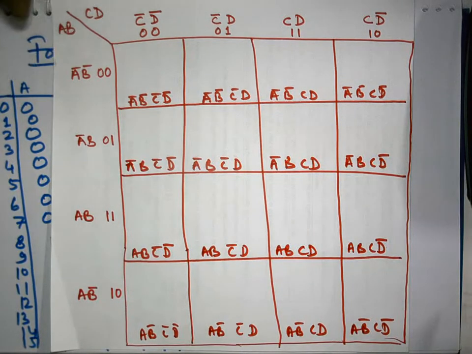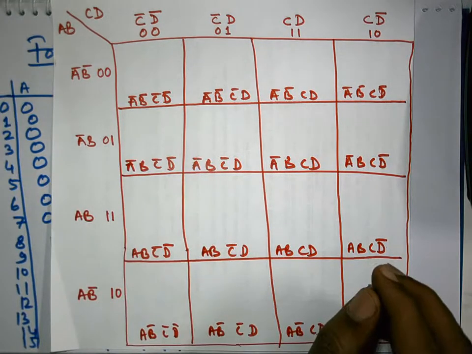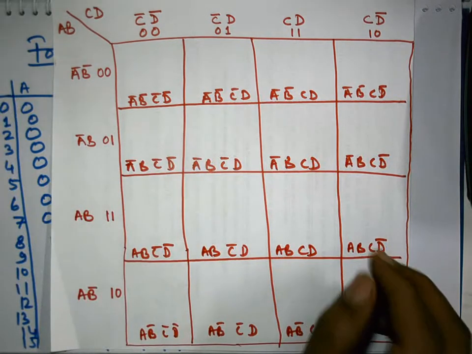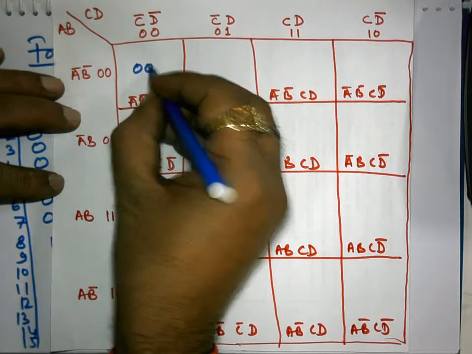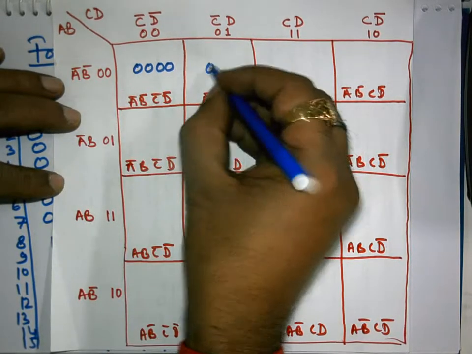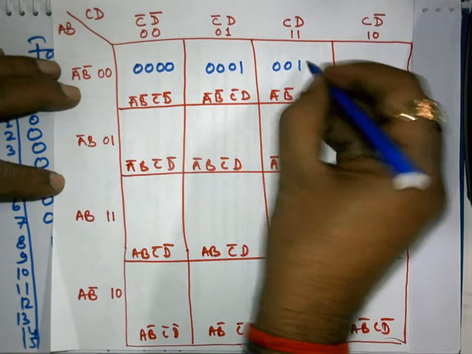Now, if you write down the corresponding min term, or corresponding binary value, this is 0 0 0 0, this is 0 0 0 1, 0 0 1 1.